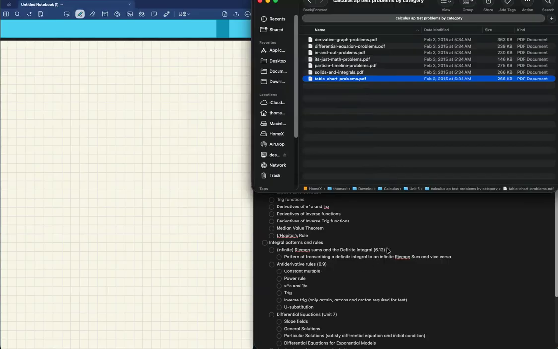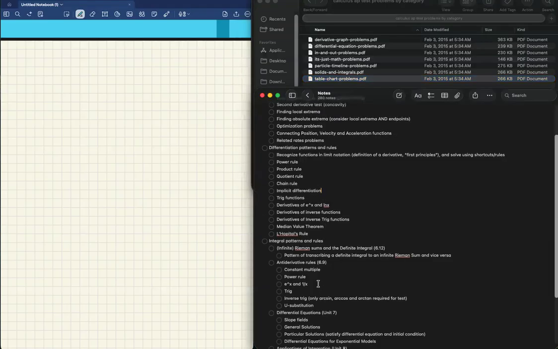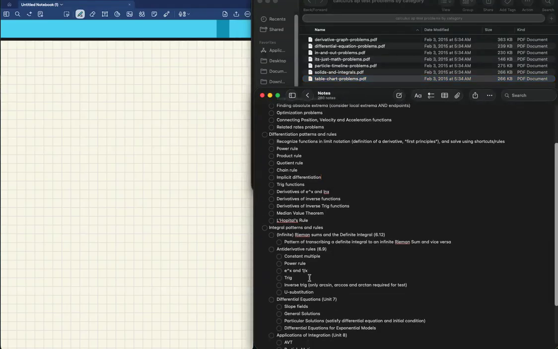And again, this is not in any specific order following the course material, but the antiderivative rules are in unit 6.9, summarizing here the constant multiple and power rule. That's like the inverse of the derivative power rule. Then make sure you know the antiderivatives of e to the x and 1 over x.